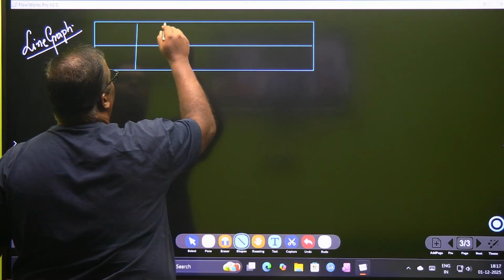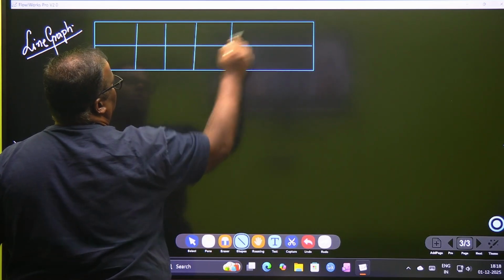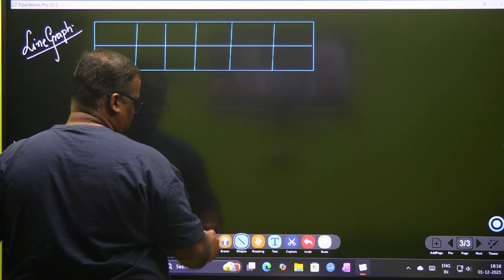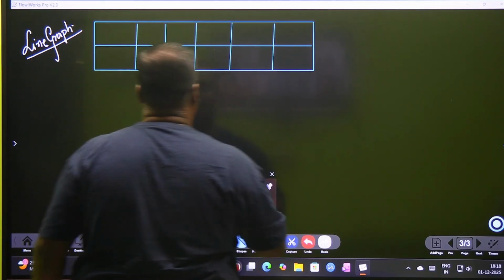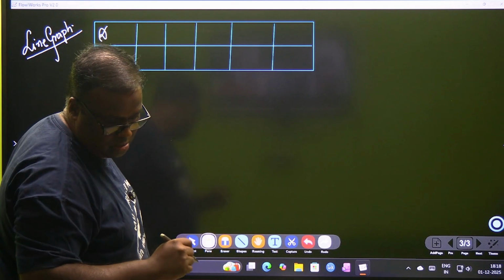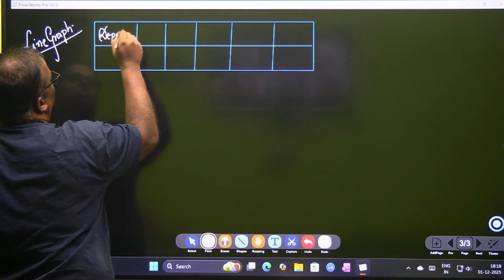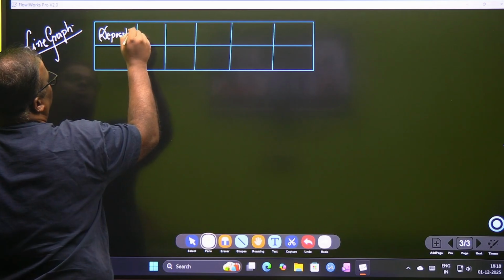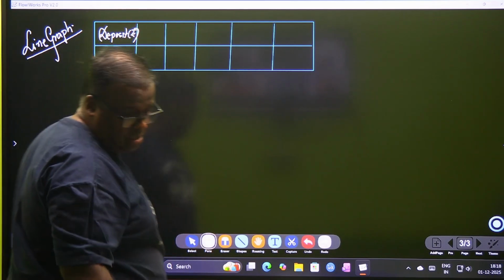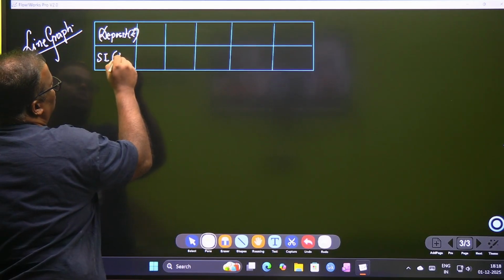So there are 5. Let's put the values quickly. This is the money that you deposited. This is deposit, which is obviously in rupees. And this is the simple interest, which is also in rupees.